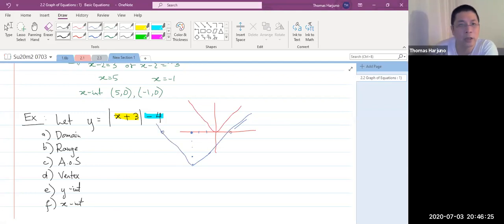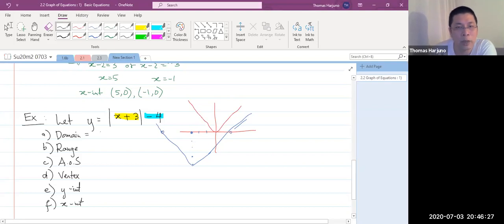Okay, now go back to the question, what happened to the domain? The domain of absolute value is all real numbers, so you can plug in any x you like. Now how about the range? The range was originally from 0 to infinity. Moving it to the left doesn't change it, but moving it down by 4 will change it.